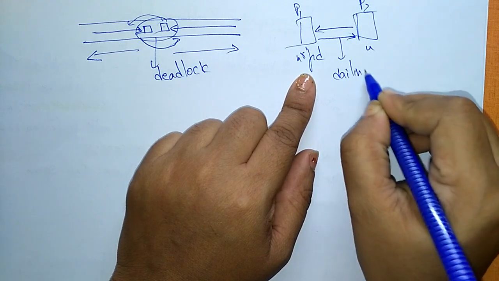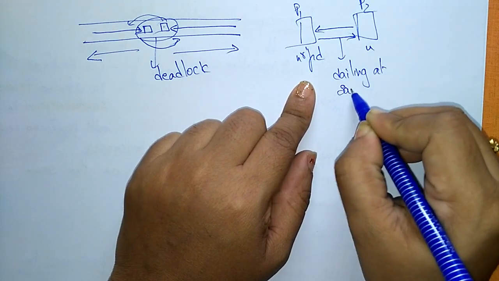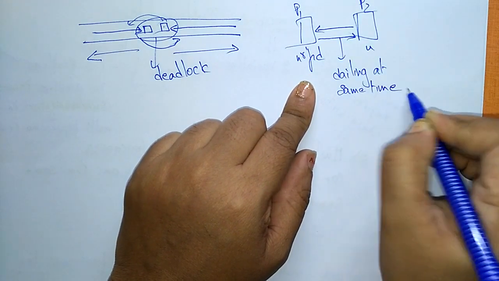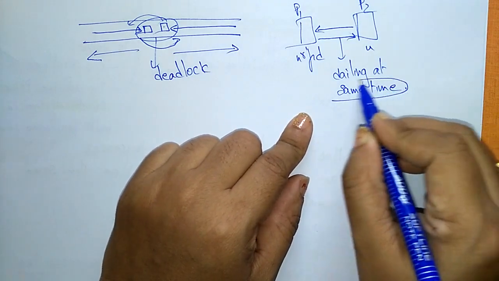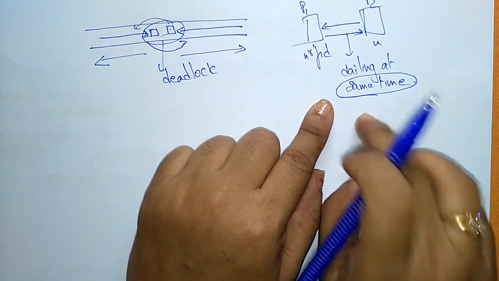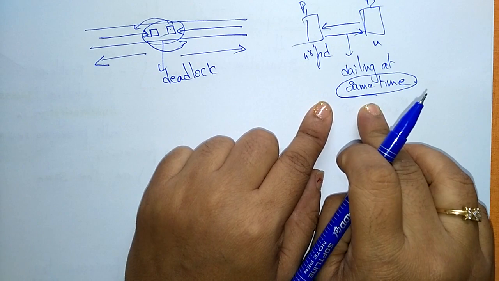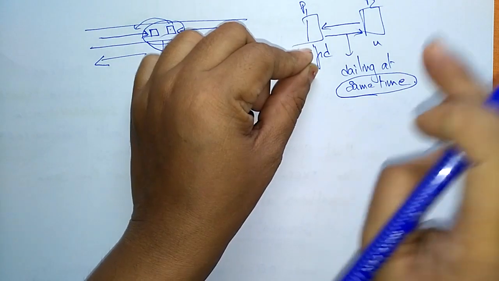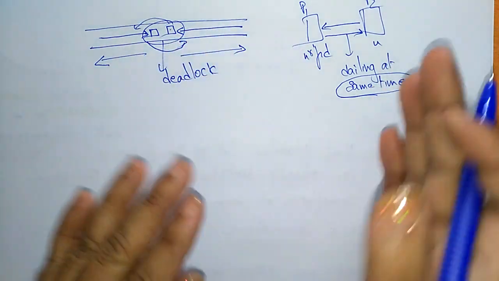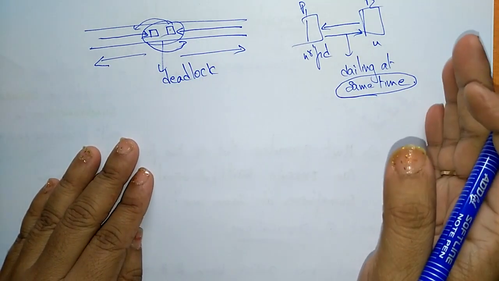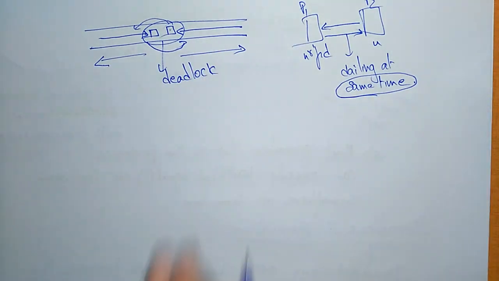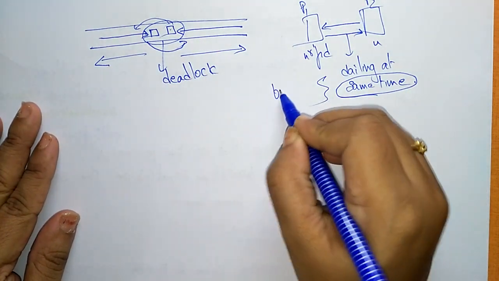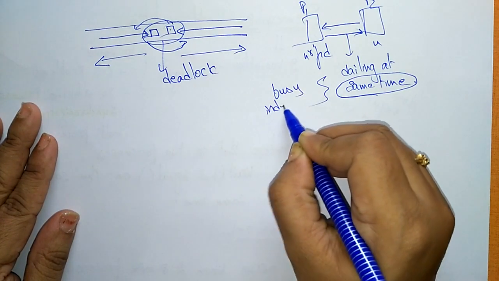Dialing at the same time. So with deadlock, the main thing to remember is the same time. Your friend and you are both dialing, you're calling your friend, and your friend is calling you. So you will get busy, completely busy. That you call indefinitely busy.